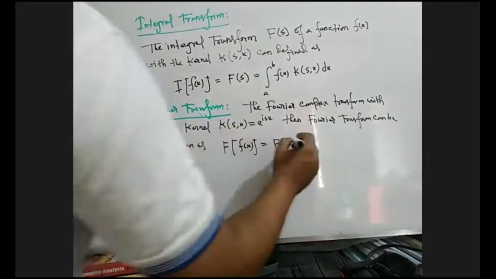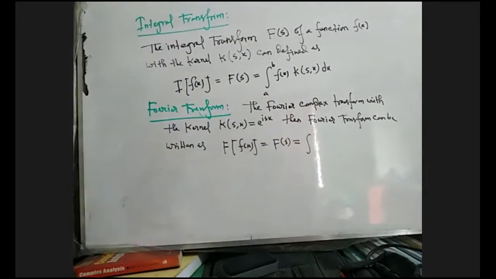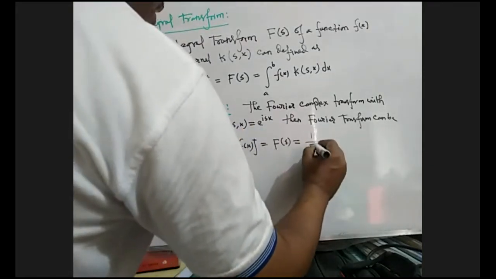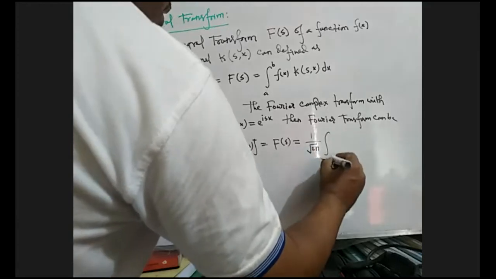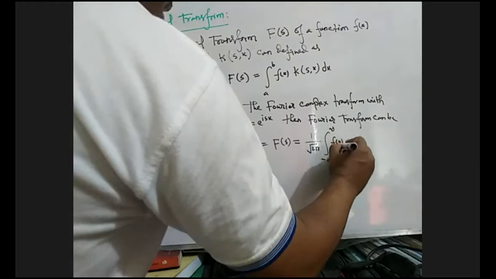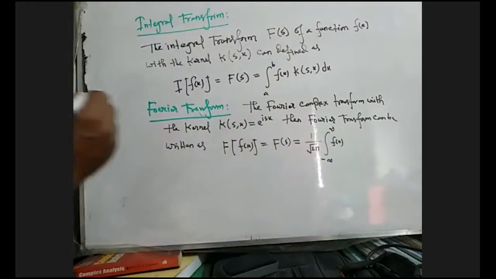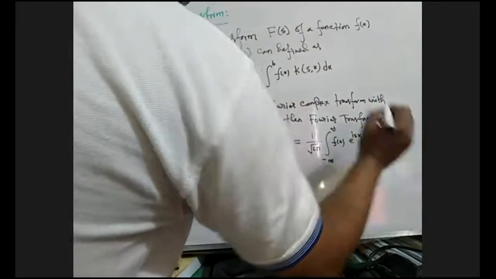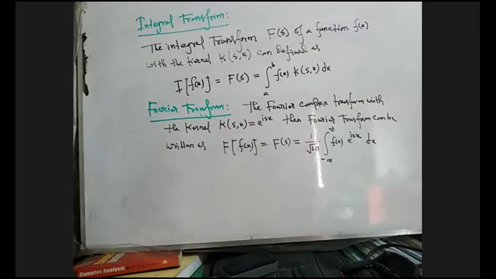The integral limit, if you put in the exponential function, will be converted to minus infinity to plus infinity, and it equals 1 by root over 2 pi, the integral from minus infinity to plus infinity of f of x e to the power isx dx. This is the formula for the Fourier transform.